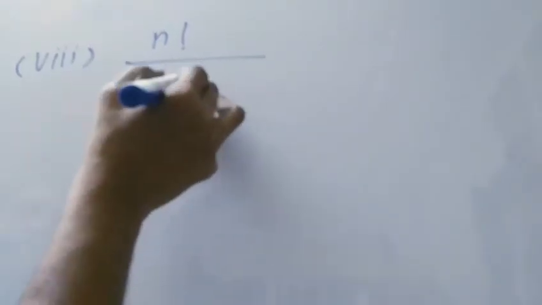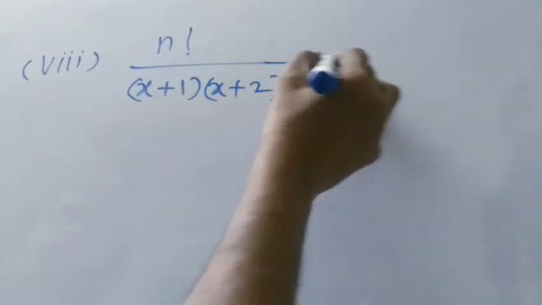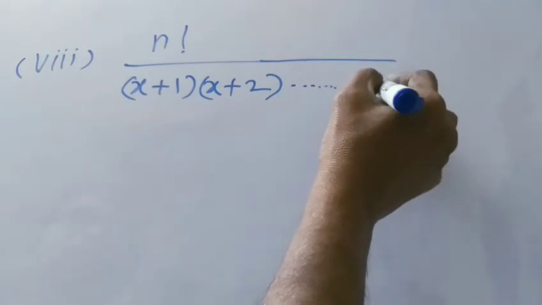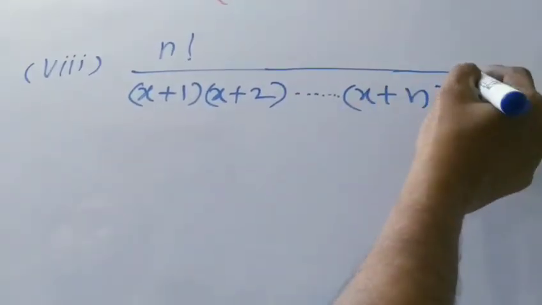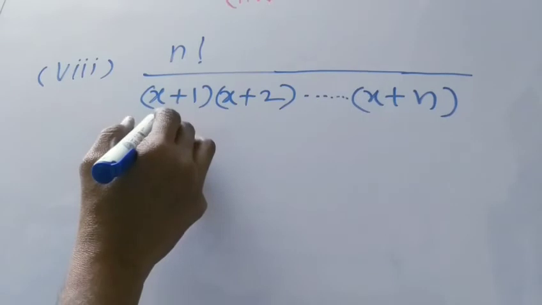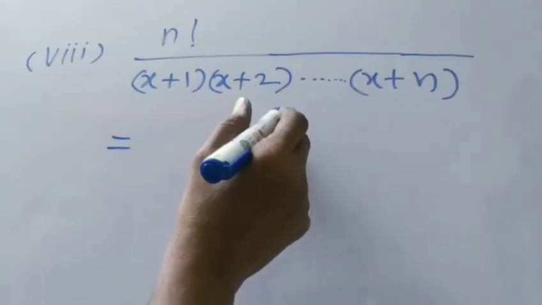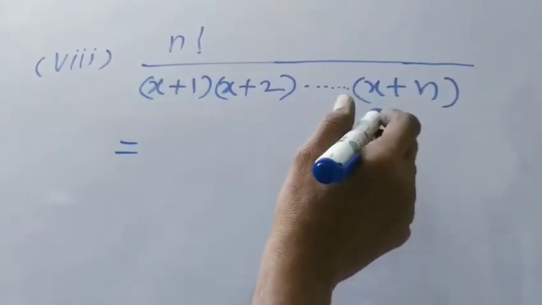Next one, n factorial by x plus 1 into x plus 2 and so on, x plus n is equal to, in the denominator the factors are x plus 1, x plus 2, x plus 3, x plus 4, x plus 5 and so on up to x plus n terms.